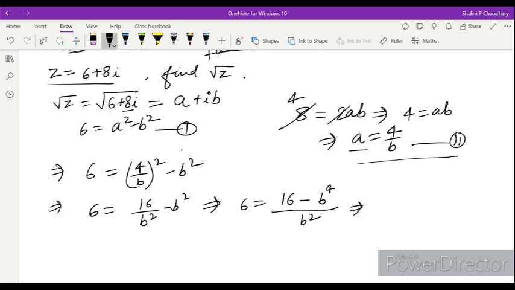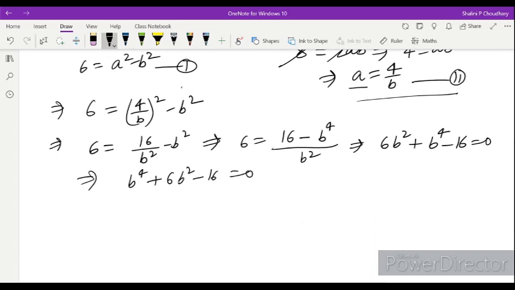So 6b square equals 16 minus b to the power 4, so b to the power 4 plus 6b square minus 16 will be equal to 0.